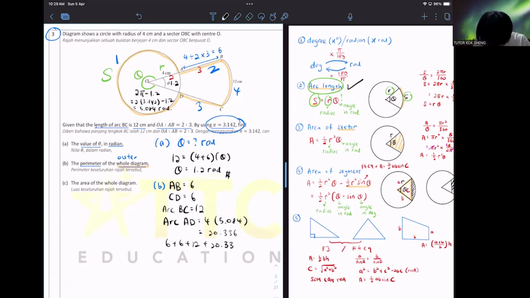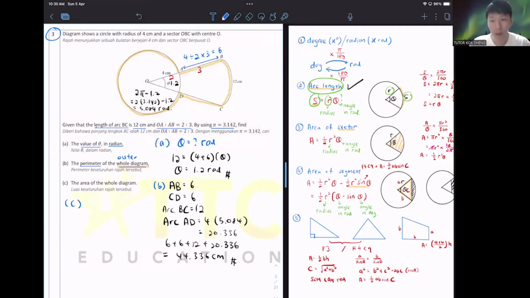Done and done. 44.336 cm for this. Okay, this is the perimeter of the whole diagram. Should be okay, not too hard for you. Okay, nice.